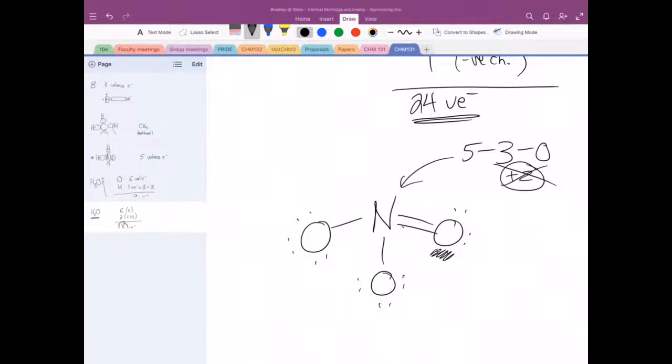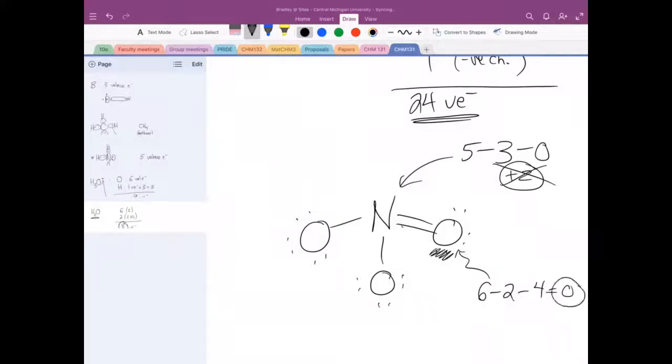Now, let's look if that's any better. Okay, so the nitrogen now has an octet around it, and all the oxygens have an octet. And so if we look at formal charges, this oxygen would have a 6 minus 2 bonds minus 4 dots. Okay, so that's a formal charge of 0.